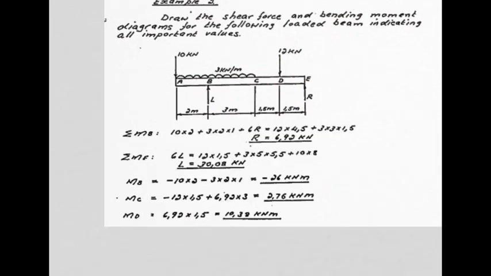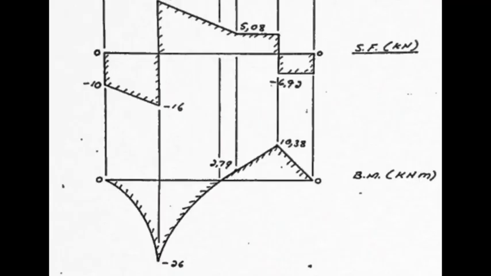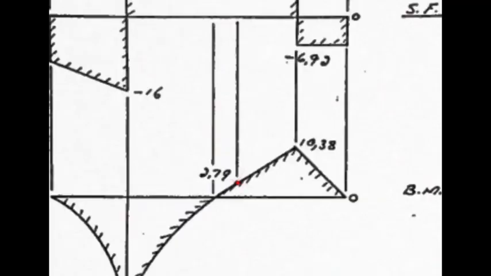And remember, the bending moments at the ends of the beam, because it is simply supported, are 0. So we can start by drawing the bending moment. It'll be 0 at each end and these various values along it. So a 0, a minus 26, a 10.38, and 2.76 there.